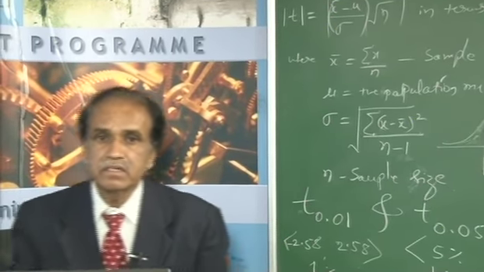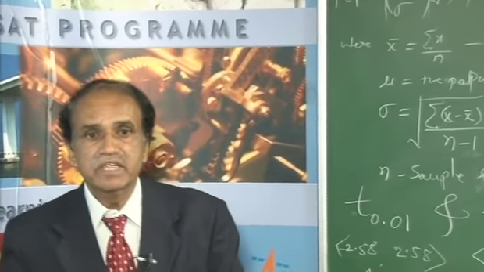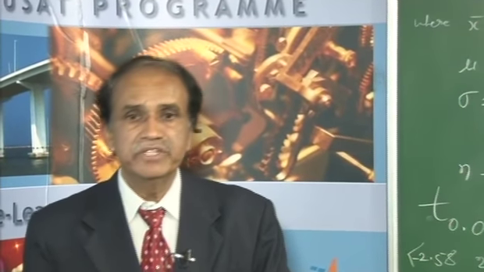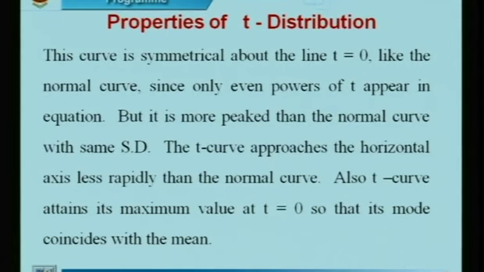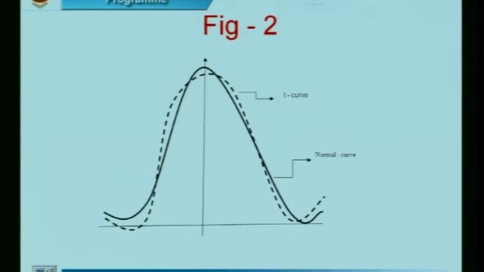Then, since only even powers of t appear in the equation, that means when you write the probability density function of the t-test, we consider the even powers in the expansion, and then we declare whether it is coming under a normally distributed curve or not.